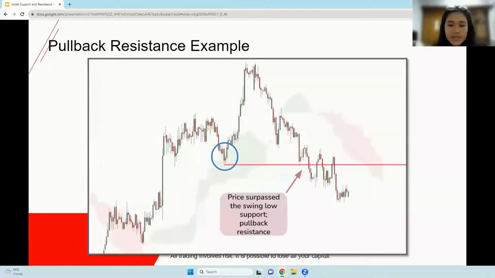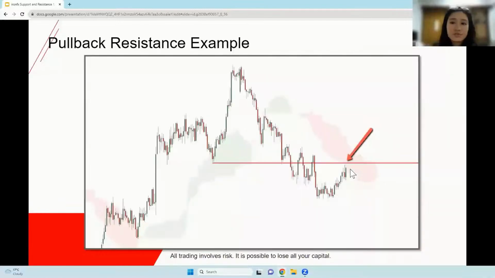Another example here. We have a significant swing low over the circled area, and thus it is a possible support level. But now that price has pulled back and surpassed the swing low support, it is a pullback resistance. Now let's see if price pulls back to this resistance level.